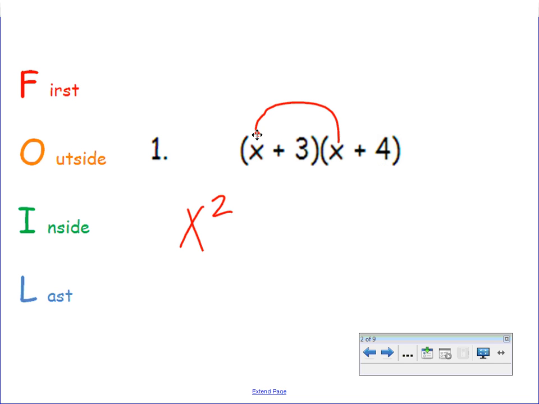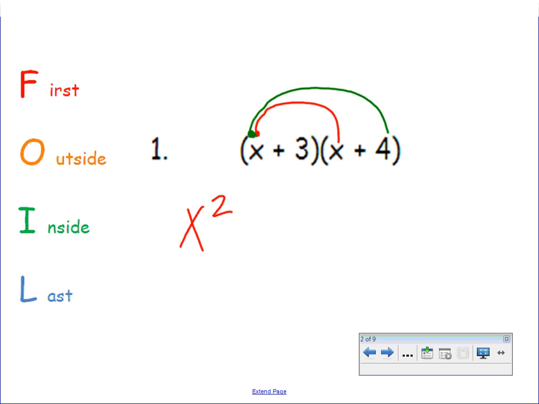Okay, now I'm going to multiply the O, which is the outside terms. So think of the x plus 3 and the x plus 4 as two separate things. I want to multiply the outside. Wouldn't you agree that x is on the outside of my first binomial and the 4 is on the outside of the second binomial?